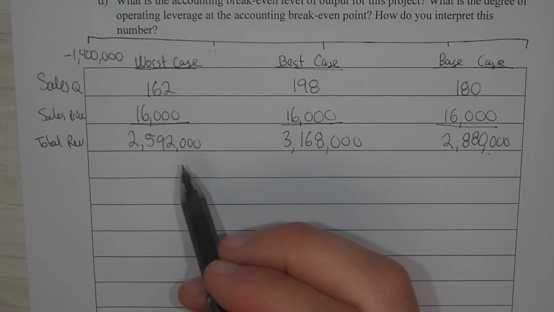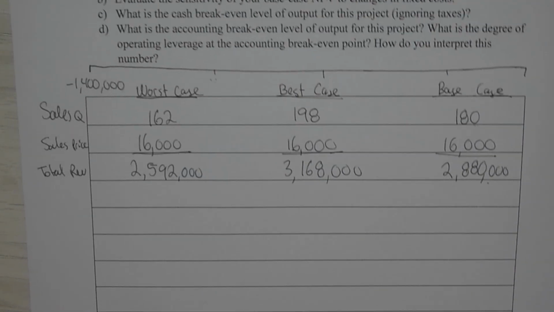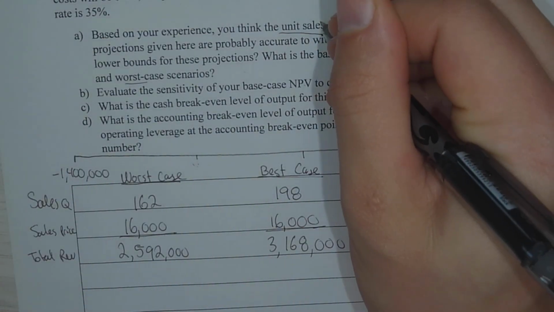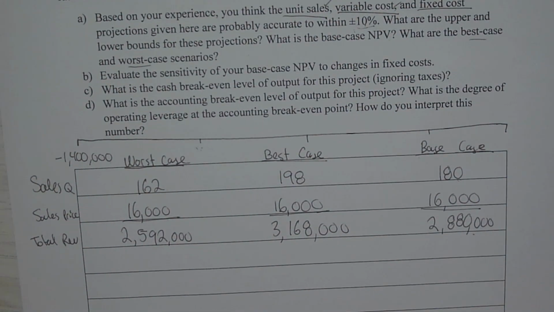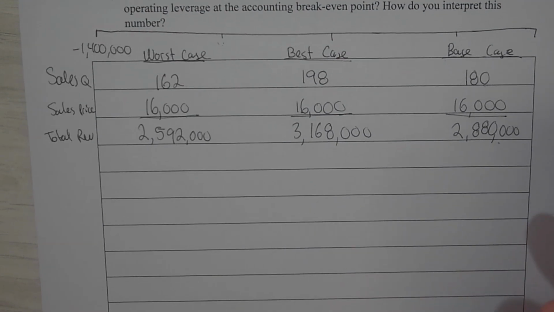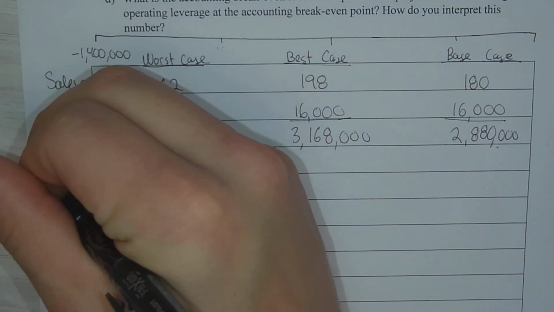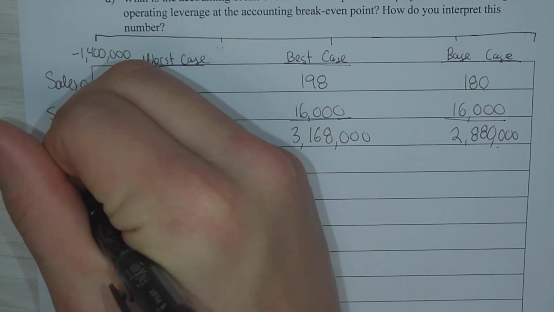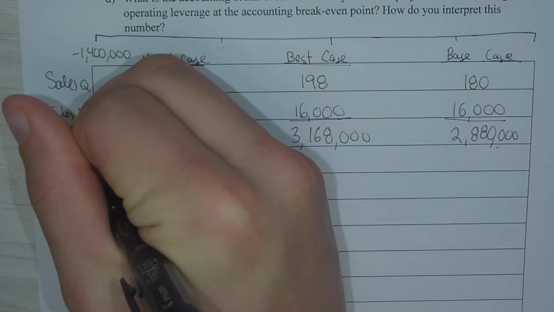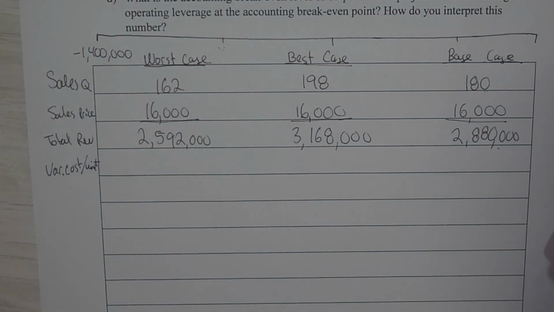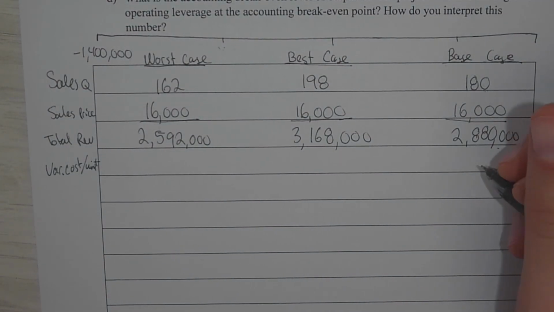So now for each sale, we have to determine what the variable cost is. Now variable cost will be affected here, so we've already got the unit sale one. The variable cost will be affected by the 10% best case, worst case. So we need to determine our variable cost per unit. In our base, it's what's stated here, which is 9,800.